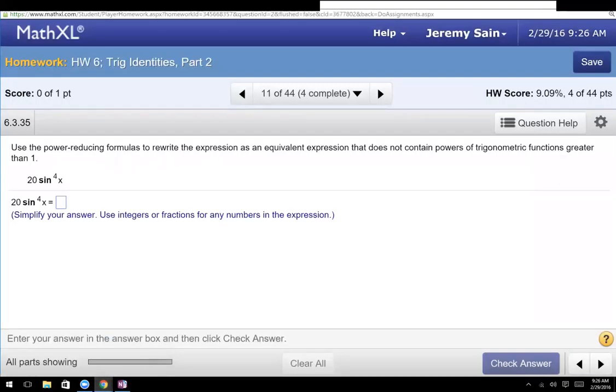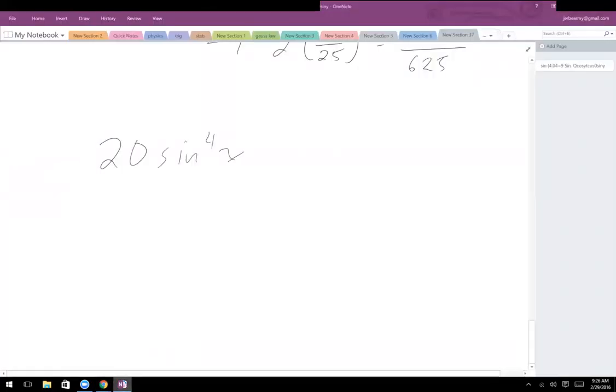Power reducing formulas. I guess they're calling the half angle formulas power reducing formulas. So sine squared of theta would be 1 minus cosine 2 theta over 2.